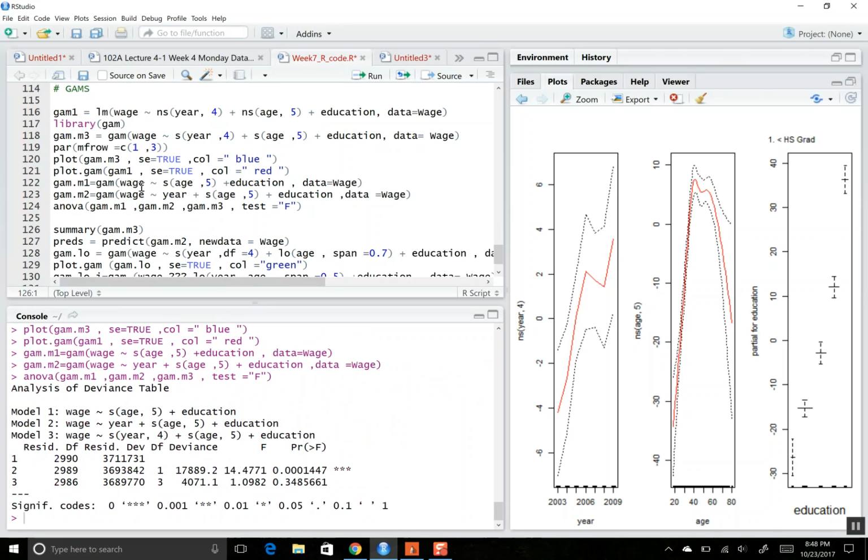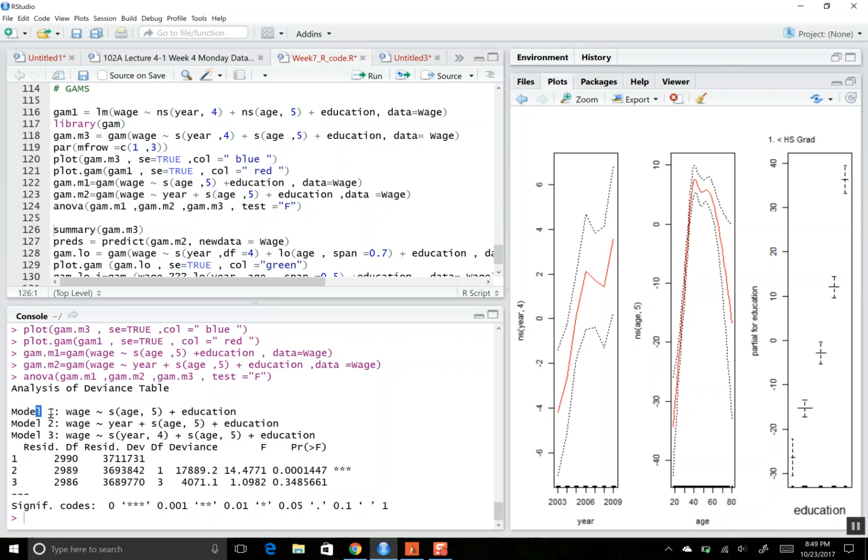So gam1 is looking at age and education only. Gam M2 is looking at a linear relationship between year, age, and education, and then gam3 is a spline of year, spline of age, and education. Okay, and so we can see what's the difference between these 3 models, and does it make sense to have one model over the other, right?